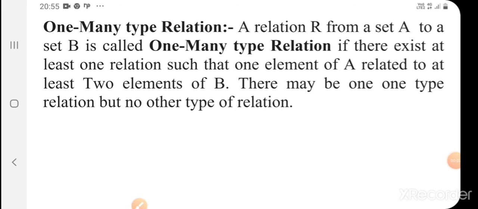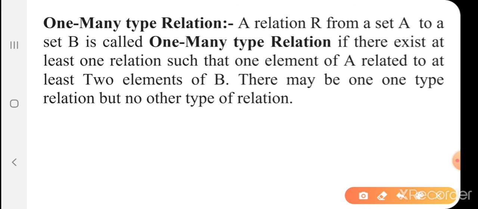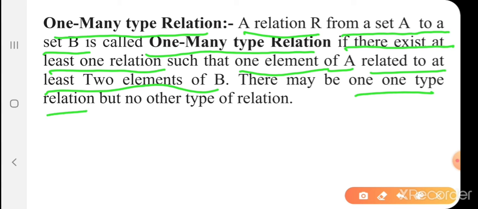Next we discuss the one many type relation. A relation R from set A to set B is called a one many type relation if there exists at least one element of A that is related to at least two elements of B, and there may be one type relations, but not other types of relation.